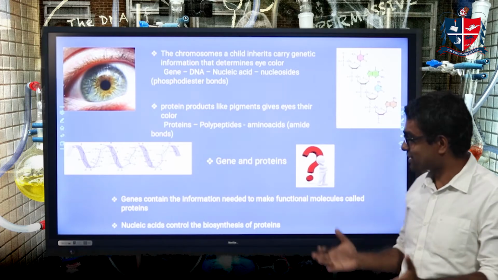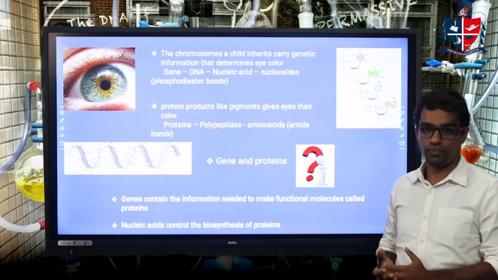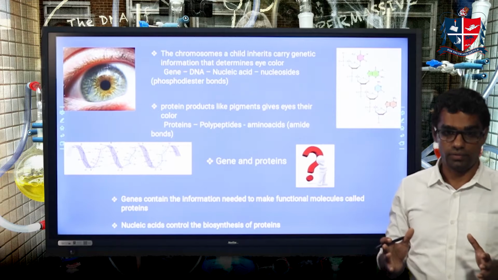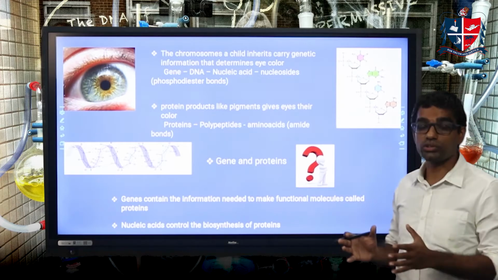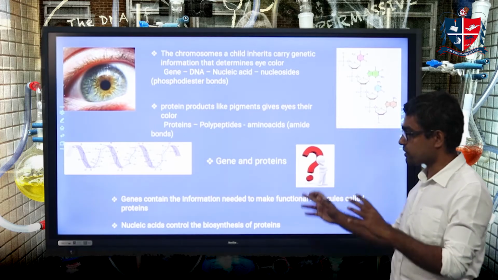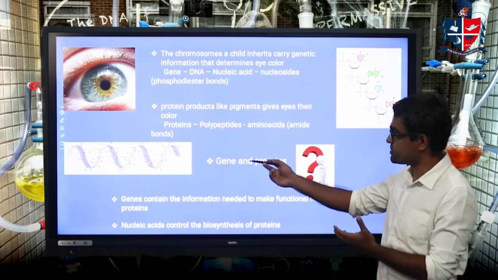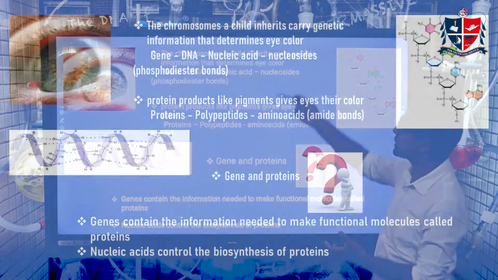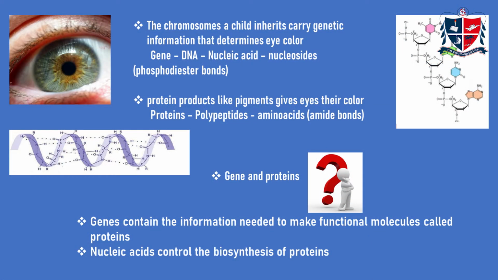In order to understand these 2 statements, you have to understand the mechanism of biosynthesis of proteins. Then you will understand what is the relation between gene and proteins and between these 2 answers.